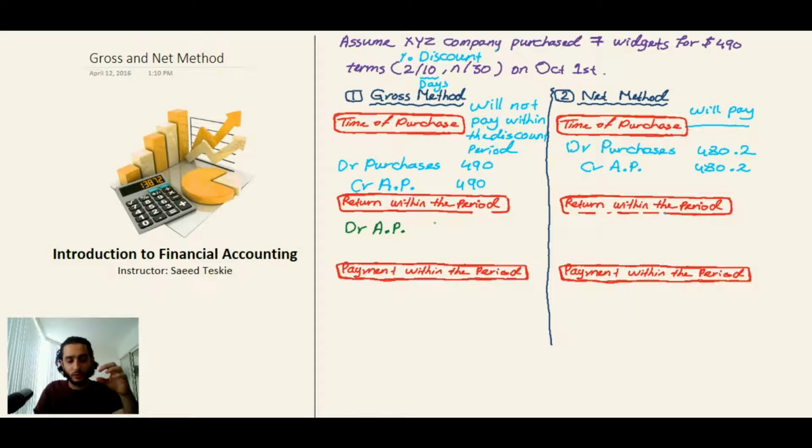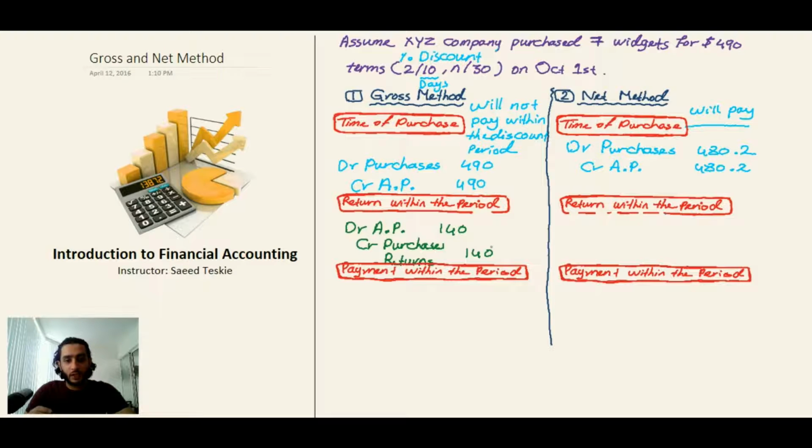We have to reduce it. So if we need to return 140 of widgets, we will debit accounts payable, we'll reduce it with the full amount of 140, and we will credit purchase returns with 140.